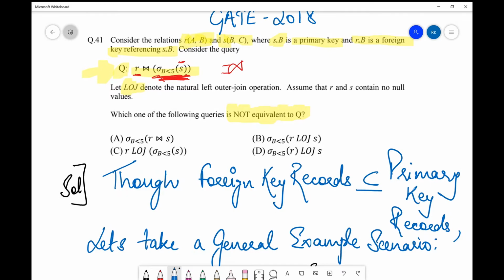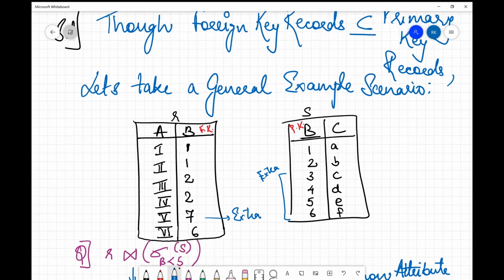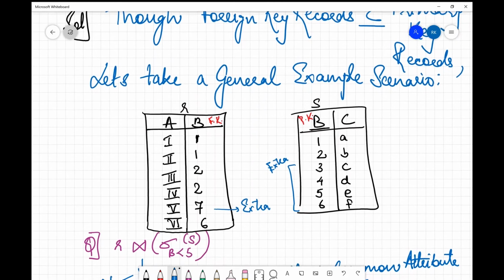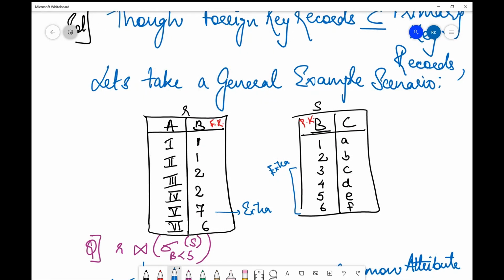And this is what I generated as the set of sample records. As you can see, these are the common values of B in both the relational schemas R and S. Then these are some of the extra values in S. This is also a common value. One second.